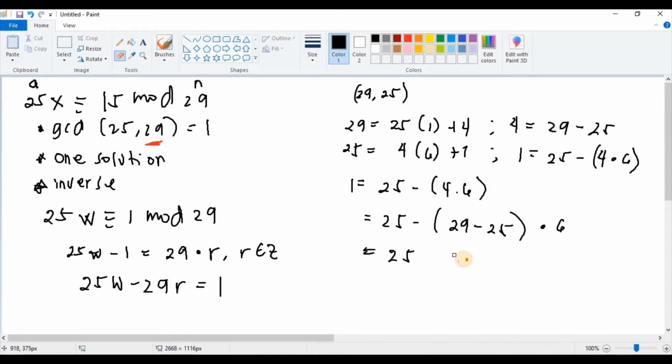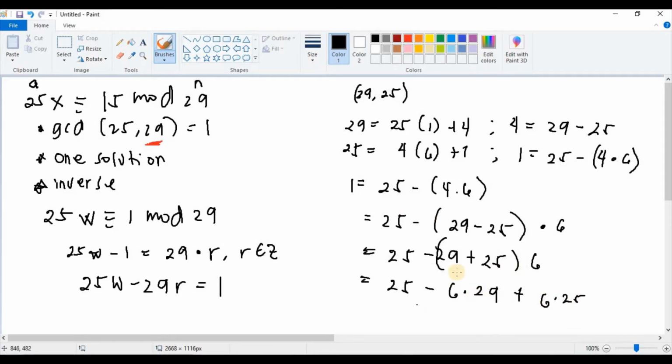So that it is not too messy: minus 29 plus 25, times 6. Let's distribute: minus 6 times 29, and then plus 6 times 25.